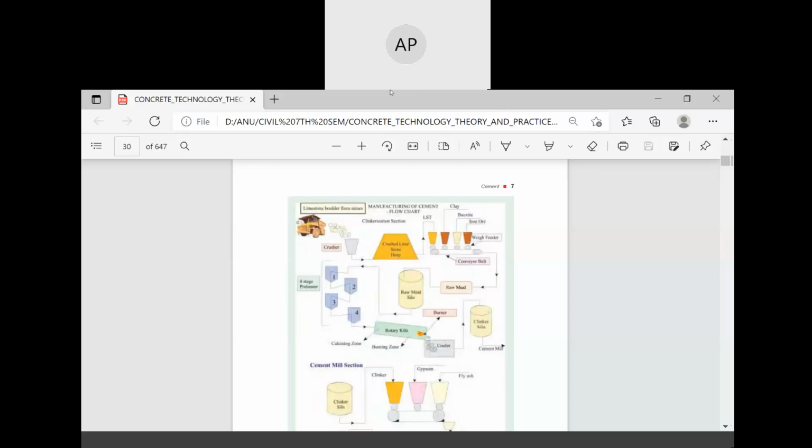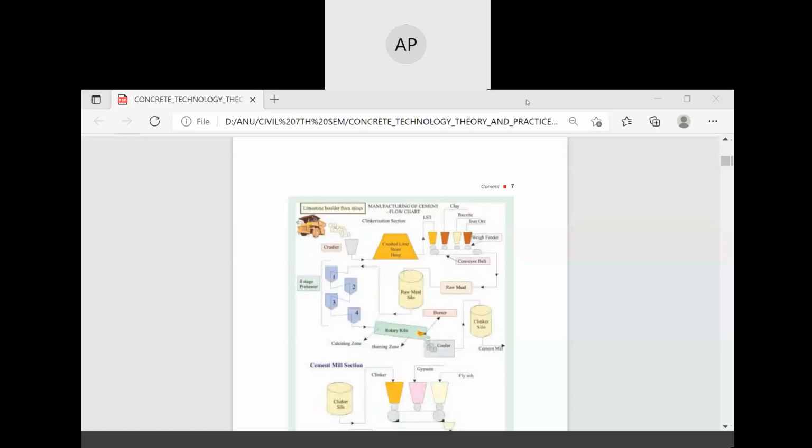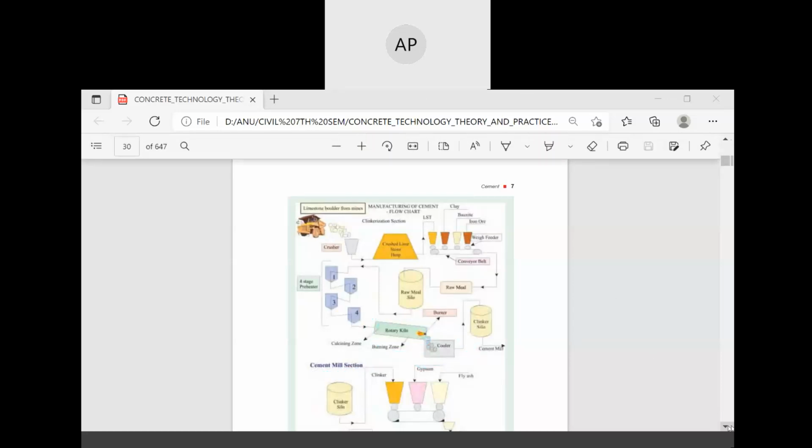Here the mixing is done in the rotary kiln. Then the rotary kiln and cooler, clinker silos. The cement mill section includes the grinding, and some amount of fly ash or gypsum is added.